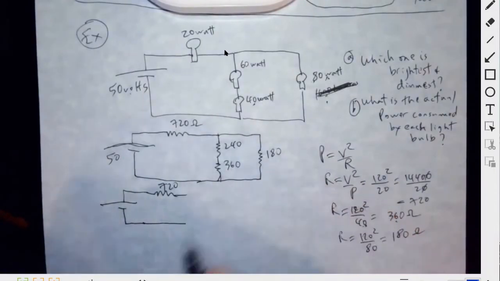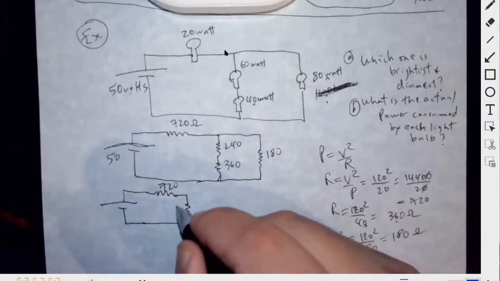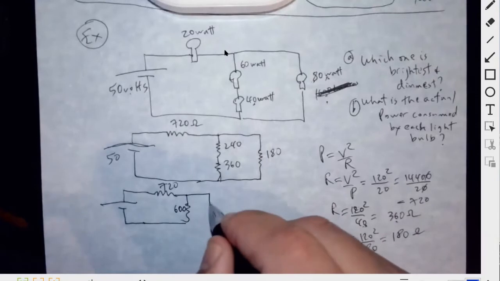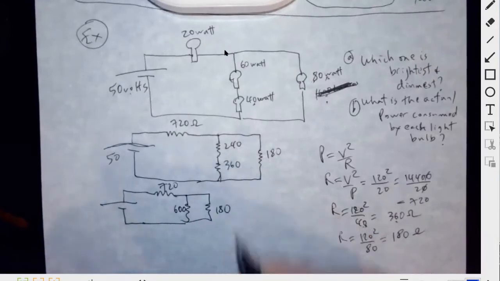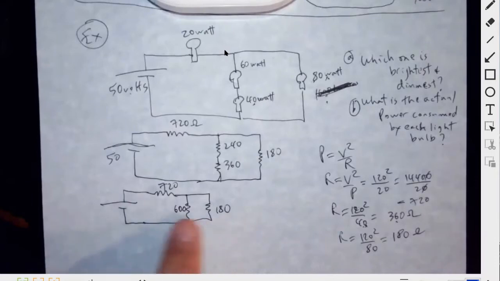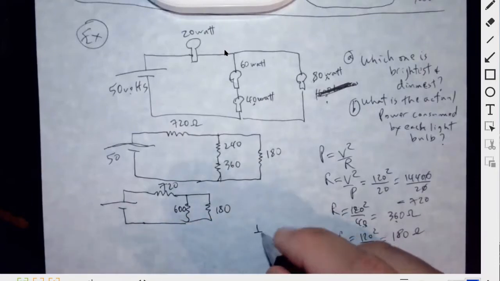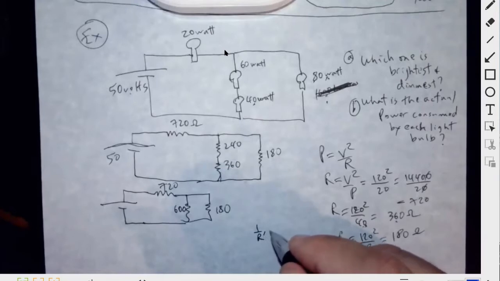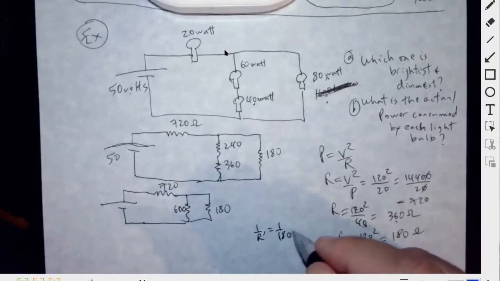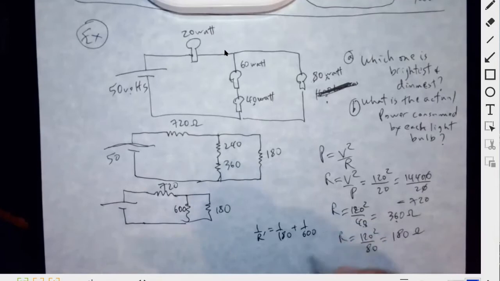Okay, so when you add that, you get 600, and then here you get 180. Then you do the parallel. 1 over R prime is going to be 1 over 180 plus 1 over 600. So 1 over R prime is 600 plus 180 over 180 times 600.